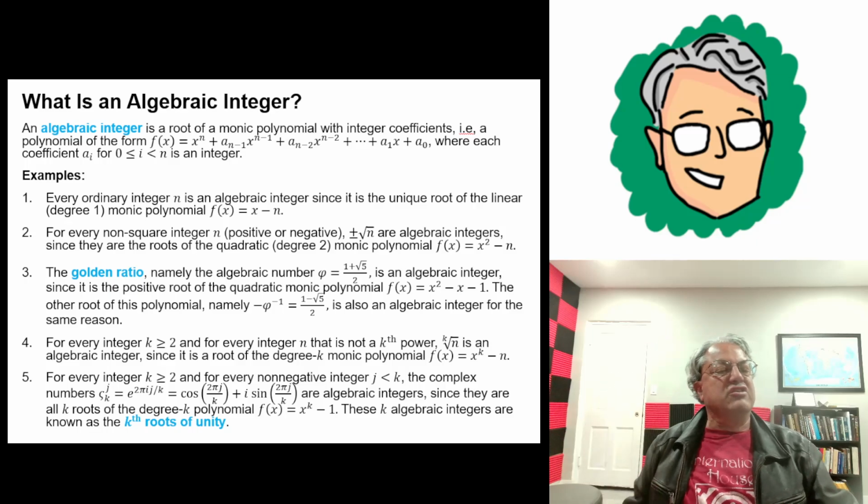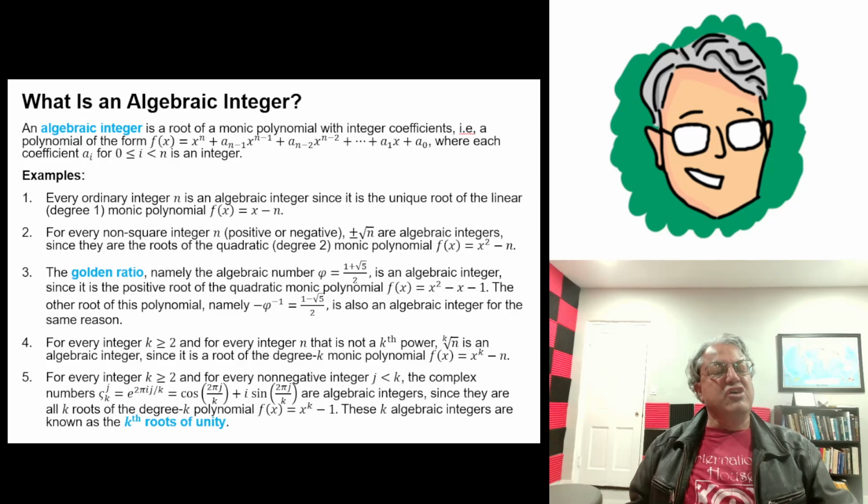And that's equal to cosine of 2 pi over k plus i sine 2 pi over k by Euler's formula. And if you take that to the jth power, so we have zeta k to the jth power, these are just powers of the primitive kth root of unity. These are of the form e to the 2 pi i j over k, and that has the form cosine 2 pi j over k plus i sine 2 pi j over k.